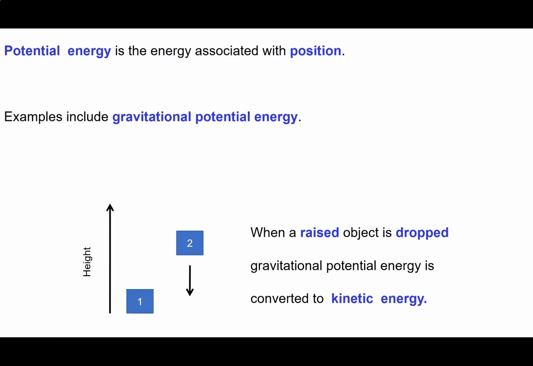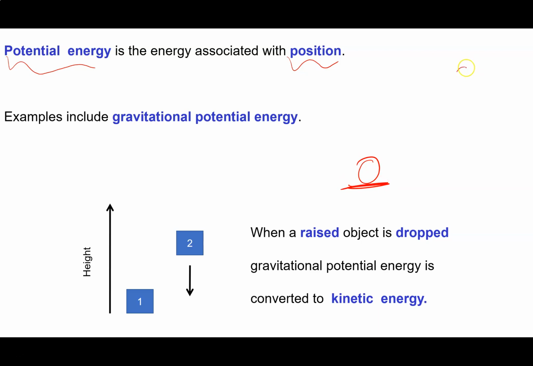Another kind of energy that's really important to chemists is potential energy. And potential energy is the energy associated with position. So this is energy that depends upon where an object is. If you have a ball that's sitting on the ground, it doesn't have a lot of potential energy.